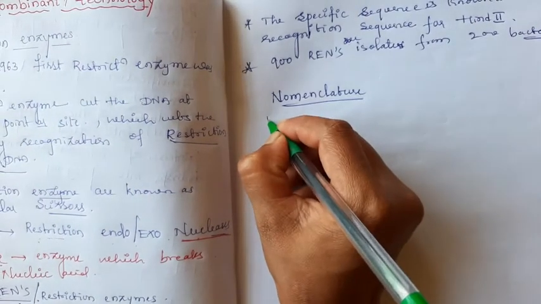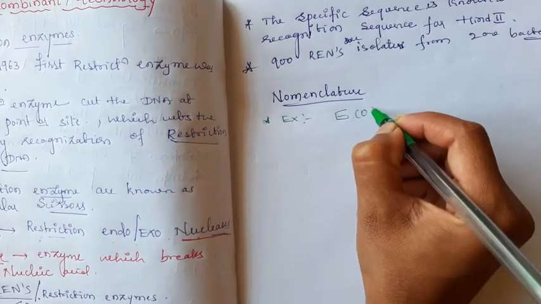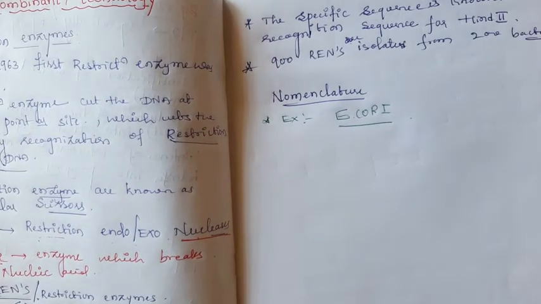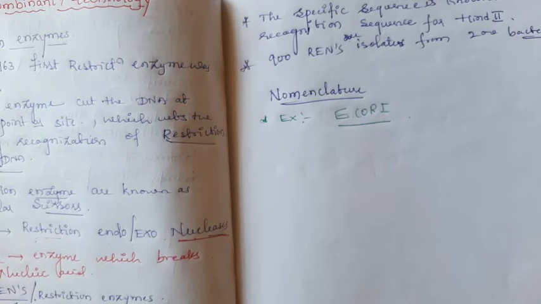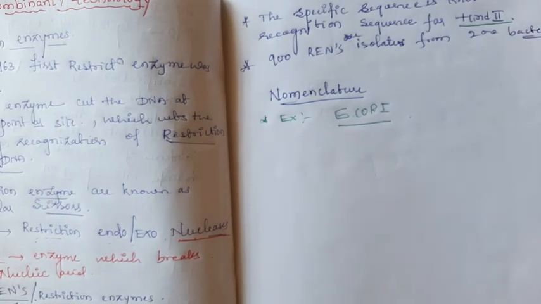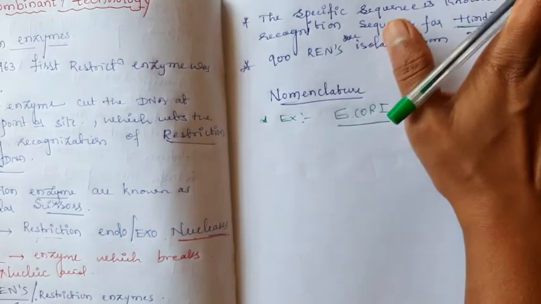Here I am taking the example EcoRI. How are the names of restriction enzymes decided? What are the rules behind it? Just now we discussed HindII, and there is another restriction enzyme, HindIII. By mistake I used HindIII, but we already discussed that HindII was the first isolated restriction enzyme.